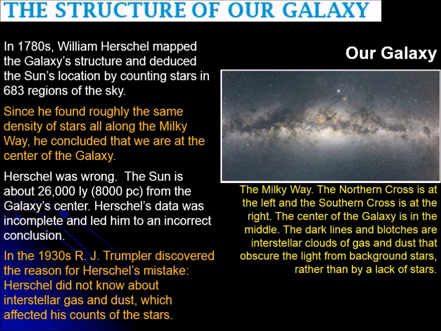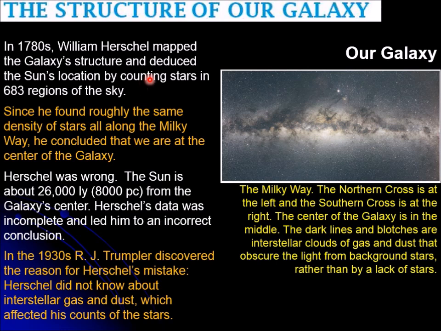Well, in looking at our galaxy, people wanted to decide what was the structure of our galaxy, if there was any. The first time they did that systematically was done by Herschel in the 1780s, and he did something that was obvious, but he got the wrong answer.